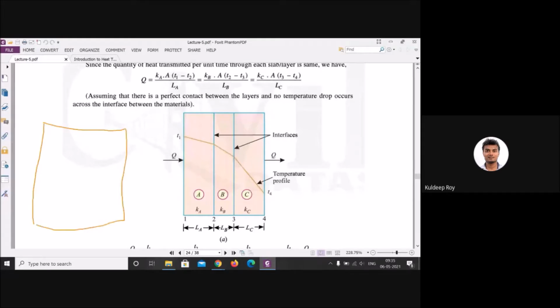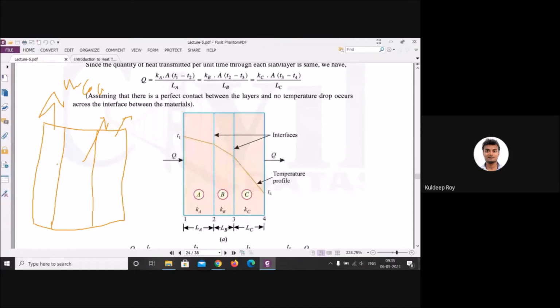If this surface is glass wool, if this surface is a metal surface, any kind of metal, iron, copper, and if this surface is any kind of metallic coating, like copper coating, then it will depend on the thermal conductivity of the material.